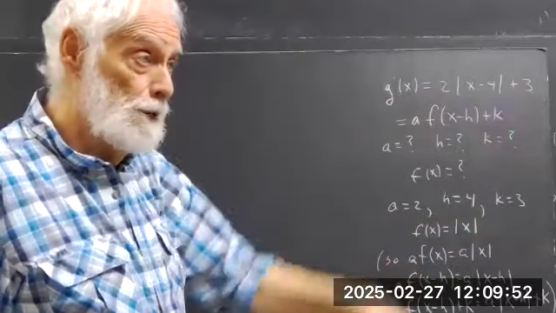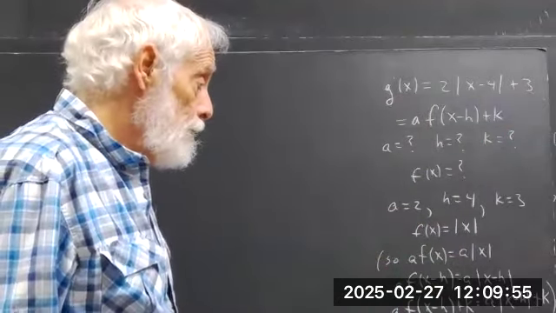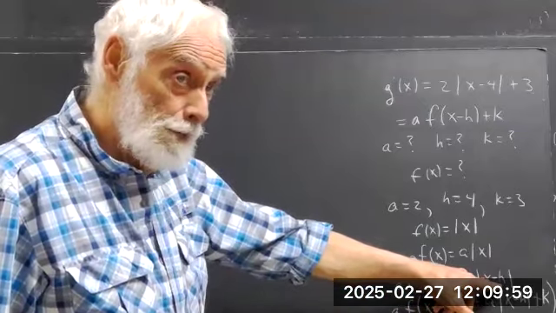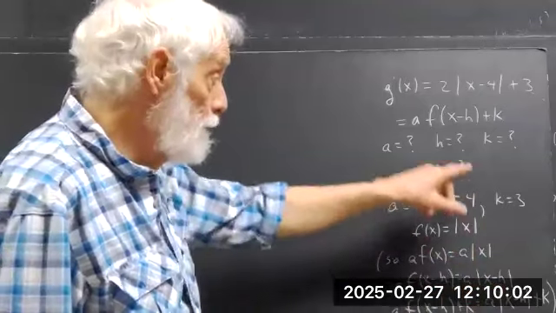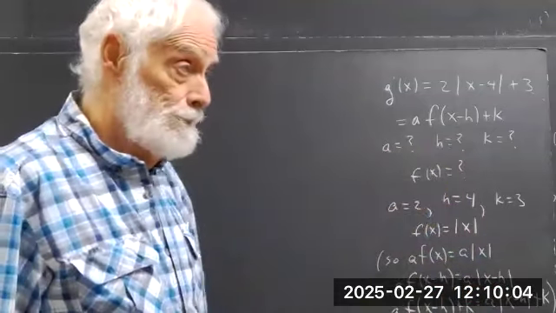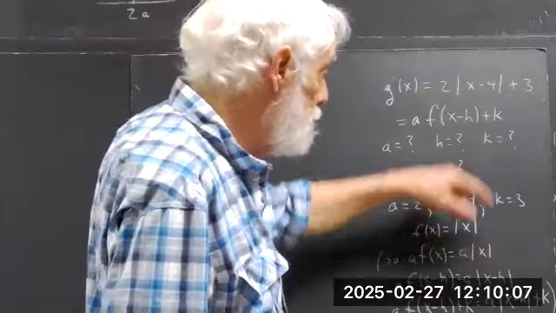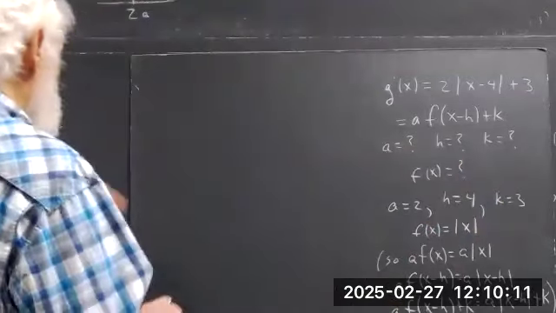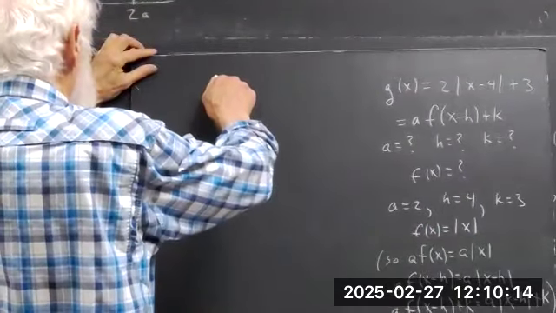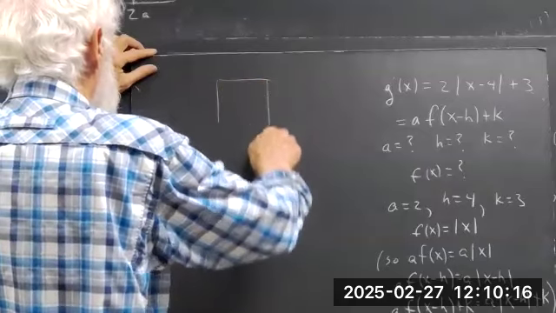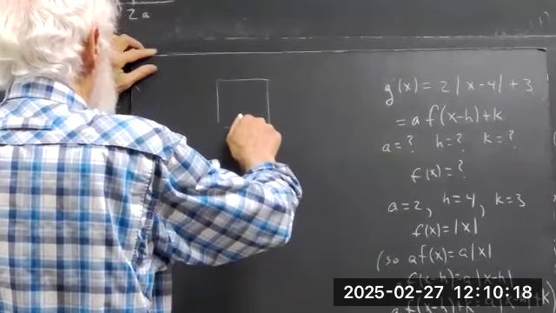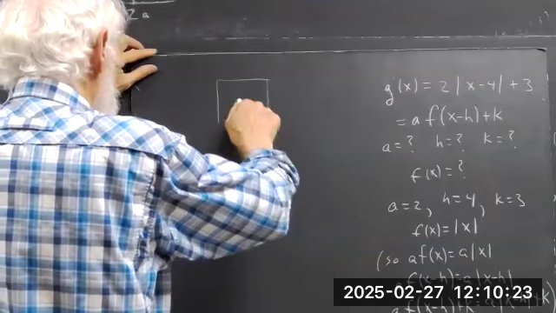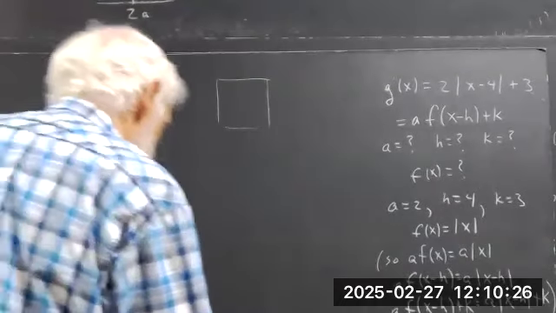In this case, it isn't. Okay. And then you horizontally shifted h units, not negative h units, h units, h being 4, not negative. Then you vertically shifted k units, which is 3 units. So for constructing this thing, you have the absolute value. I'm going to do that just in a rectangle. Okay. And I'm going to do it in a rectangle.